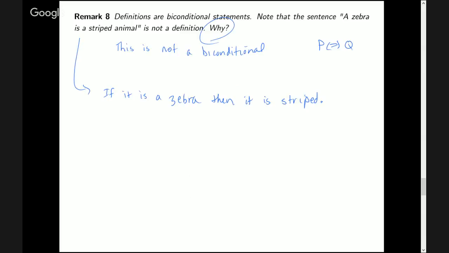So you could reword it into a conditional, but it doesn't go the other direction. If it is striped, then it is a zebra. So you can get it to be a P implies Q, but Q implies P is not also true. They have to both be true for it to work. Any other questions on that? Okay.